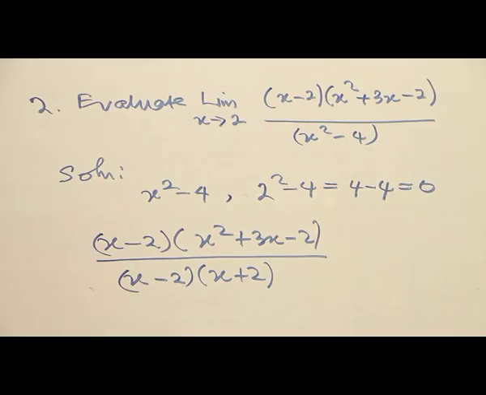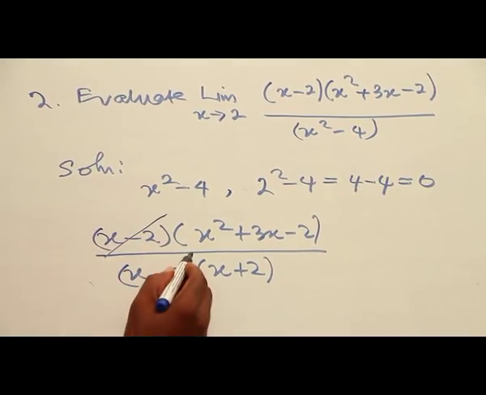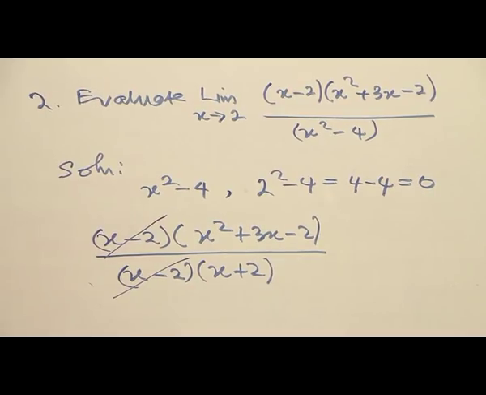So using the difference of two squares, we have the denominator factorized, as you can see here. Now you realize that the first term here and this term here can cancel.